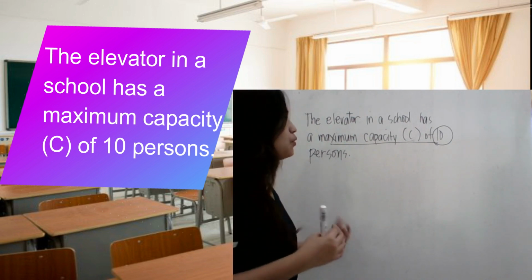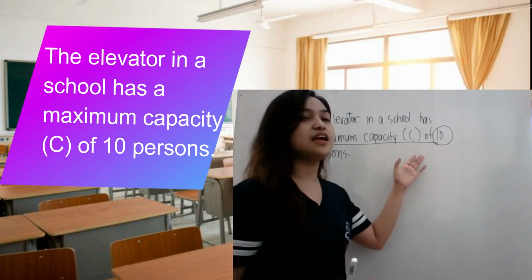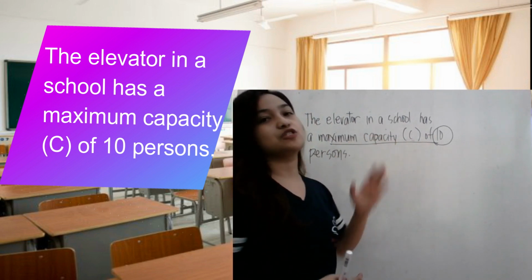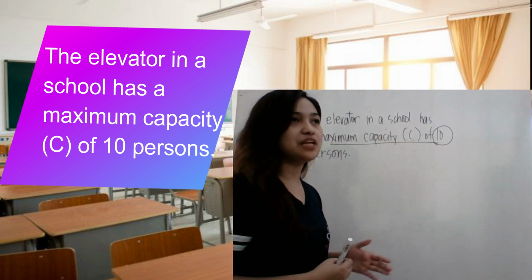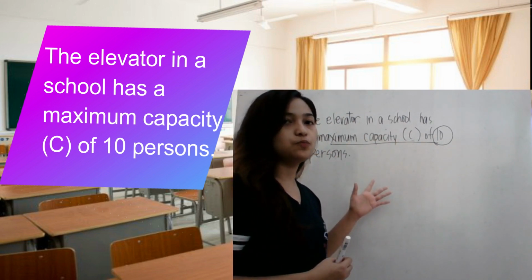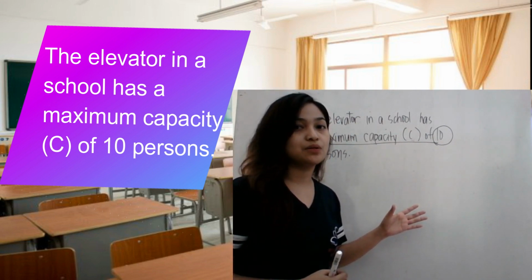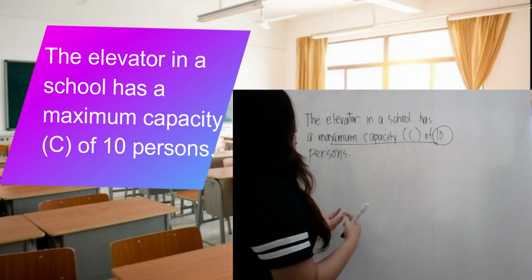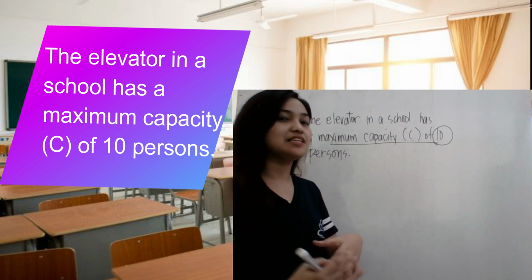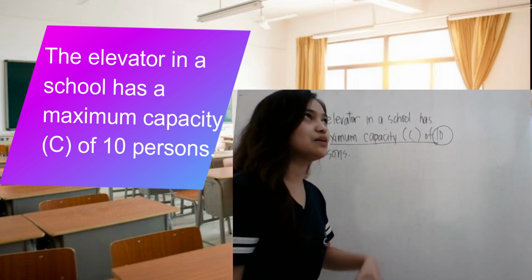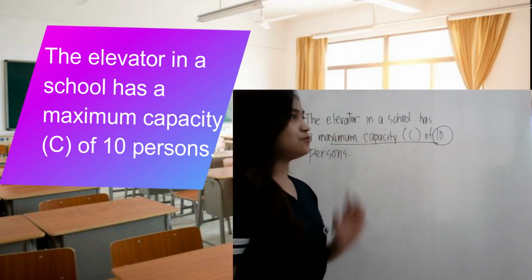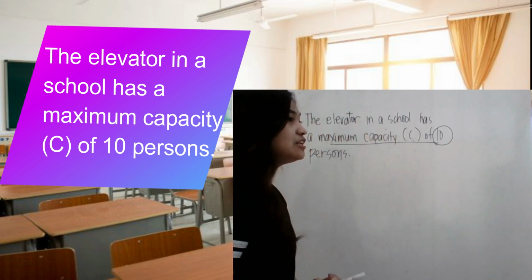Kasi nga po, ang capacity lamang ng ating elevator ay 10 persons only. So, paano po natin siya i-translate into mathematical equation? Anong gagamitin natin kung maximum at ang limit lang niya ay 10? Anong gagamitin natin? Na inequality.